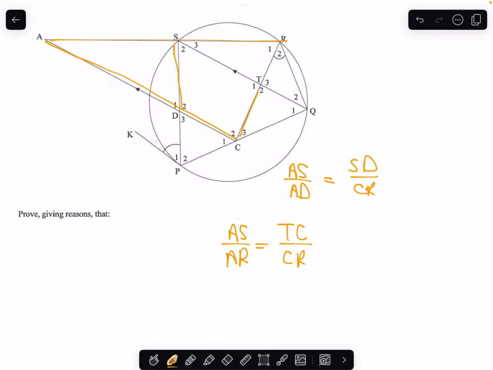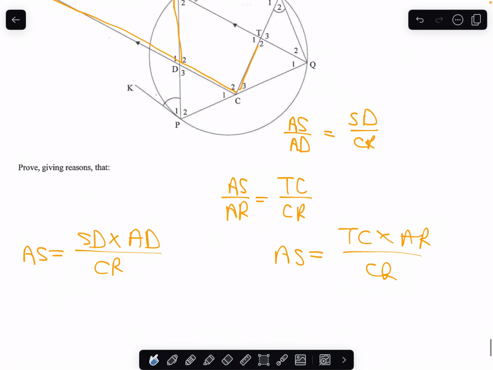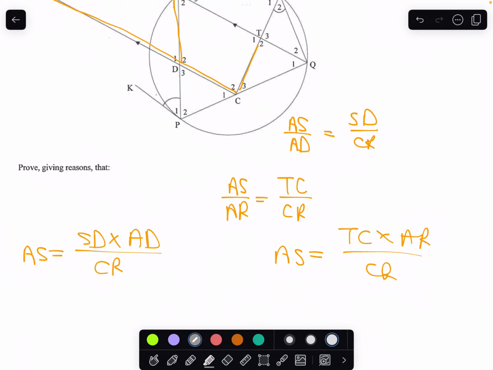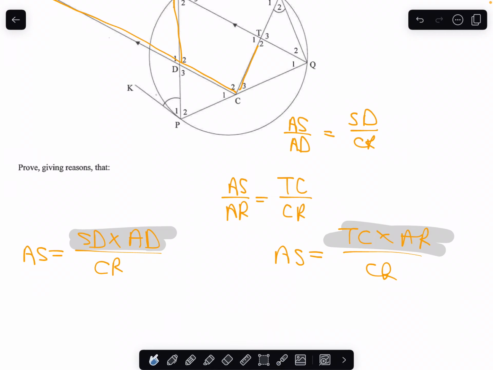So then they say from the first equation, AS is the same as SD times AD over CR, and from the second one, AS is the same as TC times AR over CR. And so therefore these two are equal because these denominators are the same, which is what we wanted to prove.